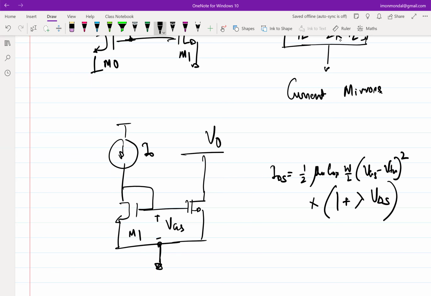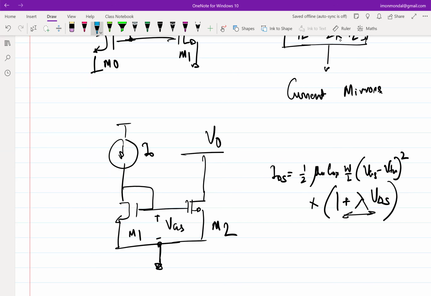So this is M1, this is M2. Now if I neglect the effect of this lambda, then obviously the currents in both branches are only dependent on VGS. And assuming W by Ls are also same, then the currents in both branches will be identical, right? But if we cannot neglect the effect of channel length modulation, then obviously the current is dependent on V0.